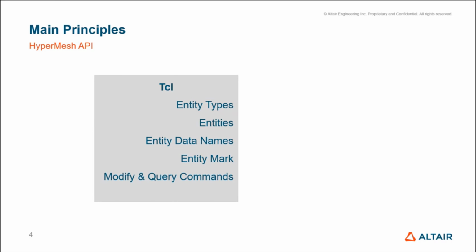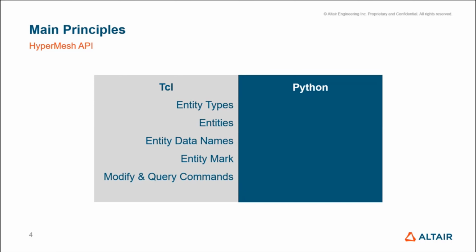In TCL, we're talking typically about entity types, entities, data names, entity mark for selecting entities, and last but not least, the modify and query commands. So transferring this into the Python world, we'll be talking about entity classes when it comes to entities. So, element class, property class, material class, and so on. The entities themselves, while in TCL we typically refer to them through IDs, in Python we'll be talking about objects.